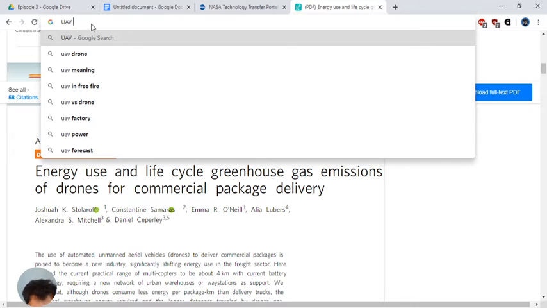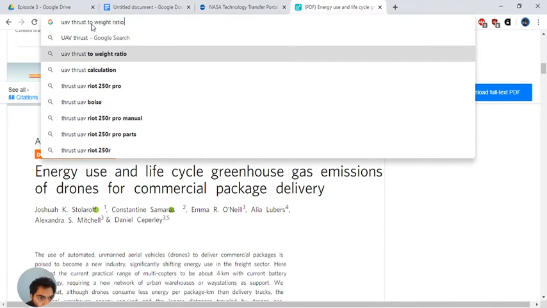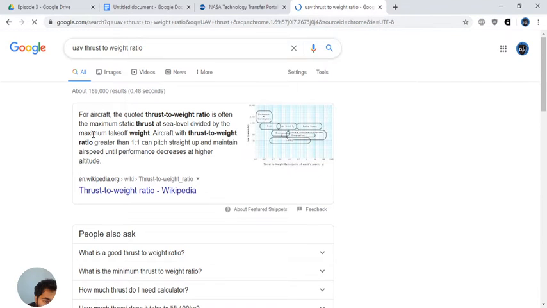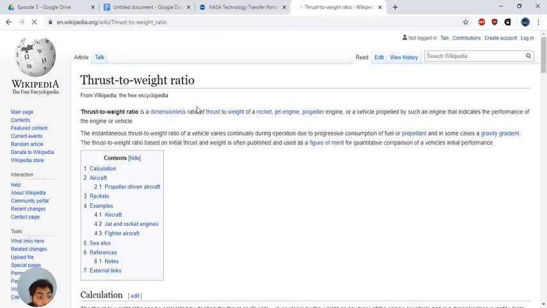UAV thrust to weight ratio. Okay, that's what I was looking for. So what is thrust?